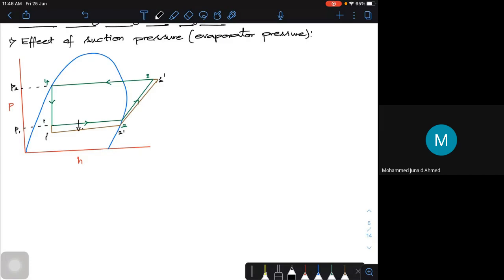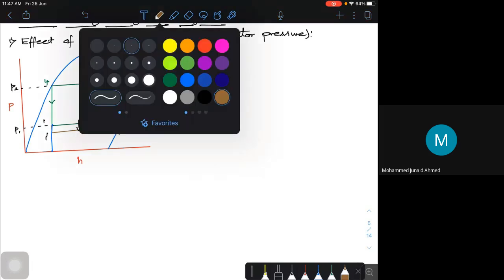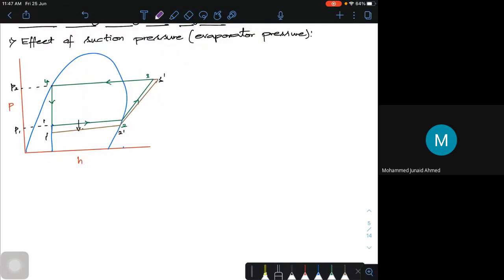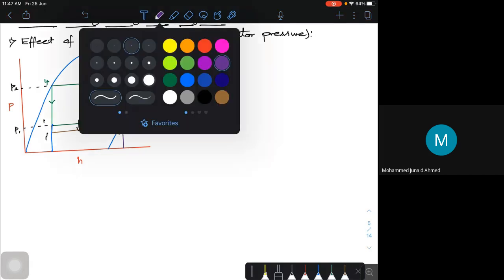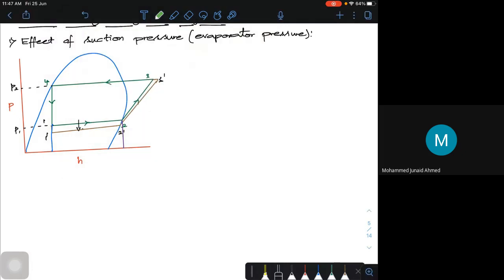Now if you closely observe the area under this curve, which area am I speaking of? This area. It is a different color. For 2 this is the area, and for 2 dash this is the area. So if there is a decrease in the pressure, the amount of heat absorbed has come down.